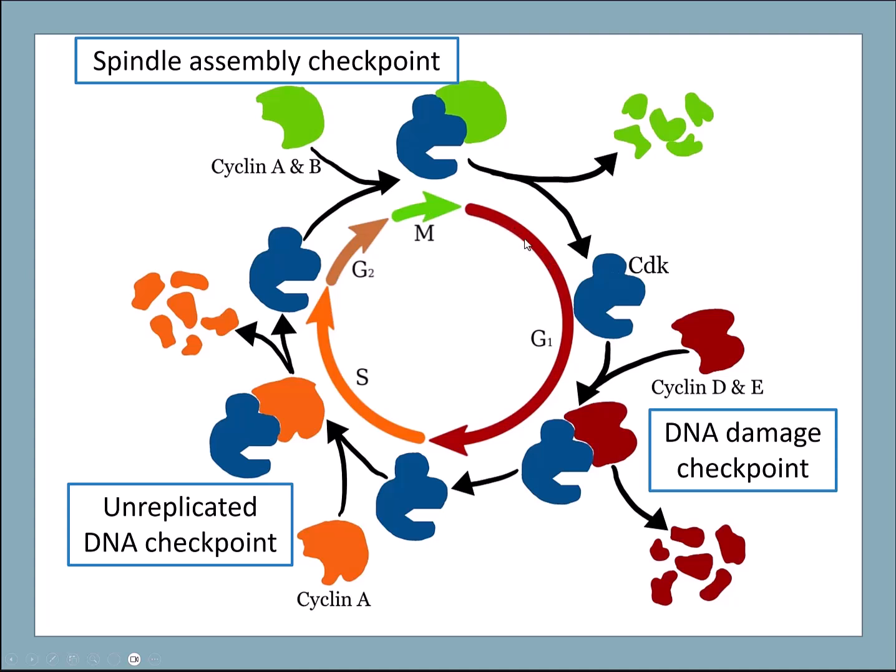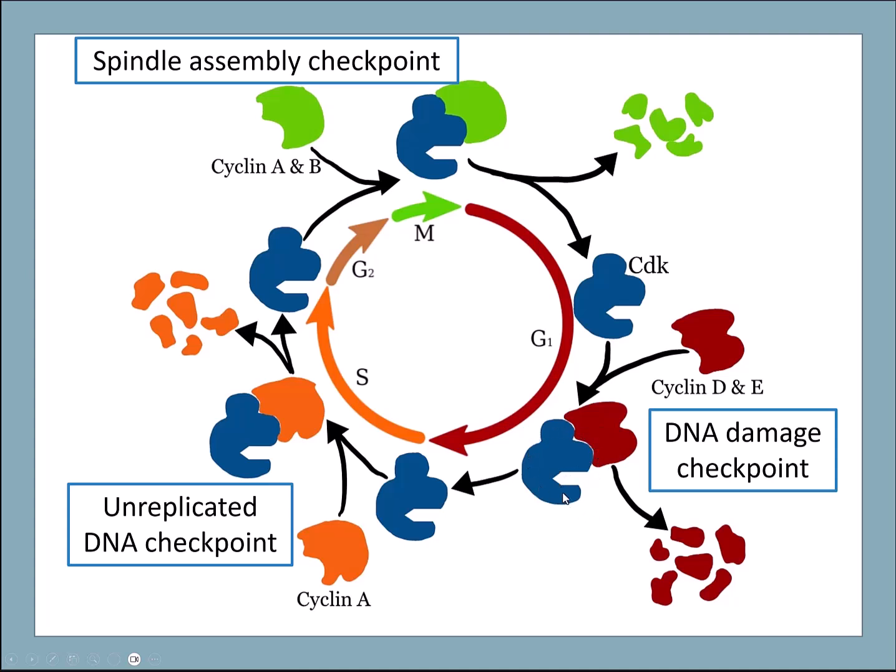So the cell is growing here in G1, and it is duplicating its organelles. And that CDK joins with cyclins. There are multiple cyclins in the cell process, and those cyclins join with the CDK complex, and if that checkpoint is passed, they're able to actually break down proteins and other substances that are blocking the cell cycle.